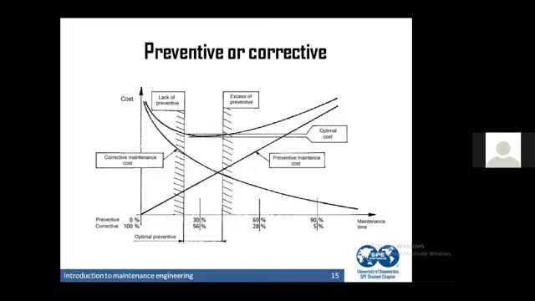However, if we look to the left of the curve, we see the lack of preventive. That means here we are in a dangerous case, and the failure can happen at any moment. So, as a conclusion, choosing for any equipment its level of optimal preventive is very, very important.